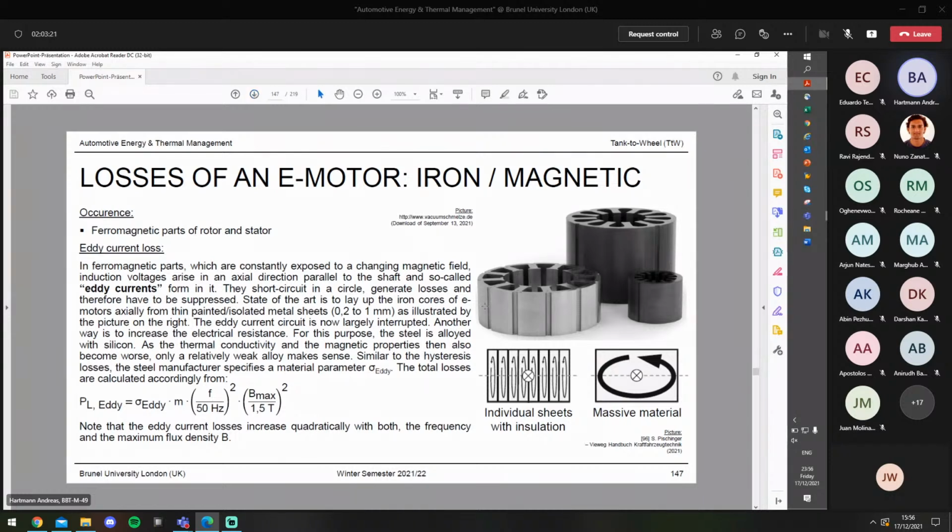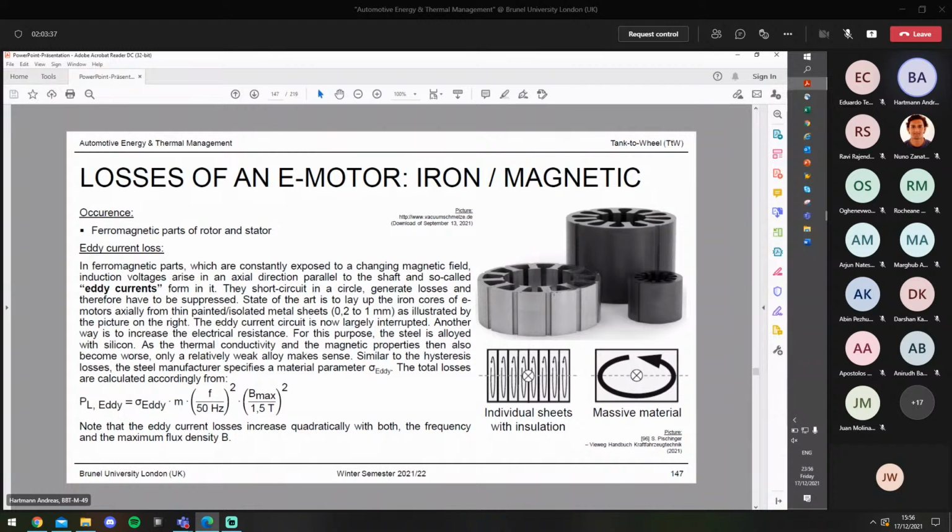The occurrence of these ferromagnetic losses is especially high when you use massive material, because then a lot of eddy currents can occur.